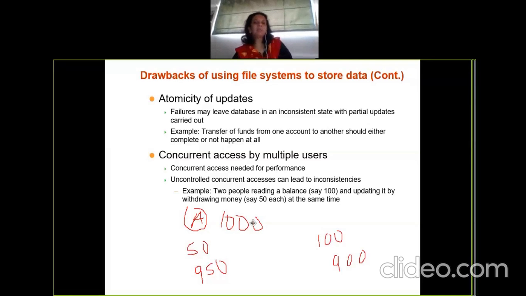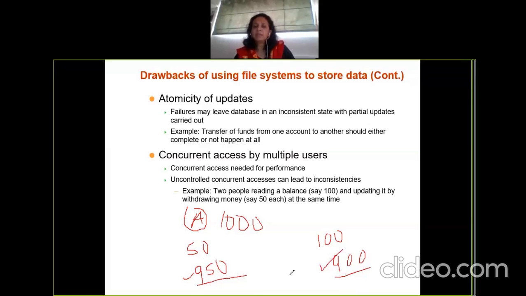Then what happens? The first clerk writes the value 950 while the second clerk writes the value 900. Now which value is stored in the database? The clerk who writes it last. If the first clerk writes last, then 950 is stored in the file. If the second clerk writes at the end, then 900 is stored in the file.